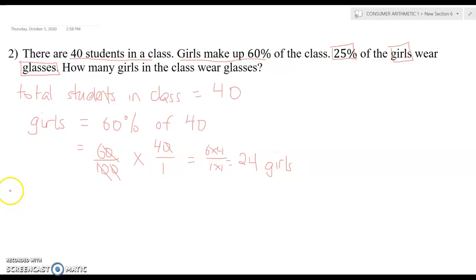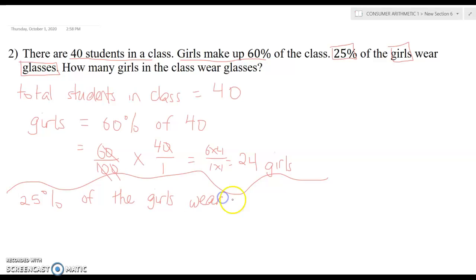Now out of that 24 girls, they said that 25% of the girls wear glasses. So that means find 25%, 25 over 100, multiply by the number of girls, 24 over 1.